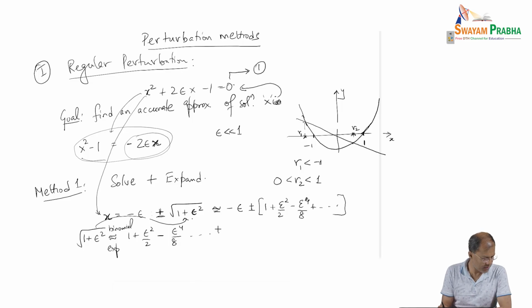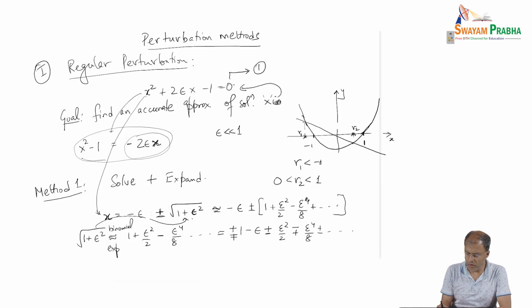And rewriting it, it is going to be plus minus 1 minus epsilon and then plus minus epsilon square by 2, and then minus plus epsilon 4 by 8 and so on, right?